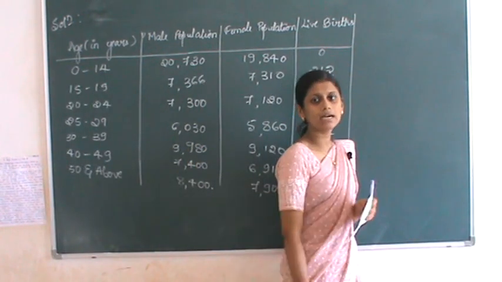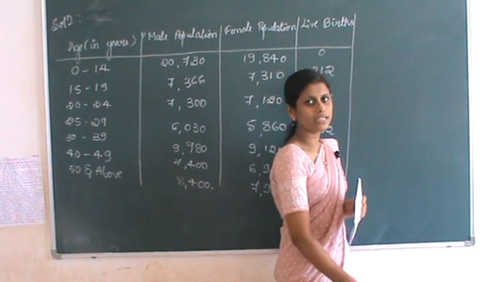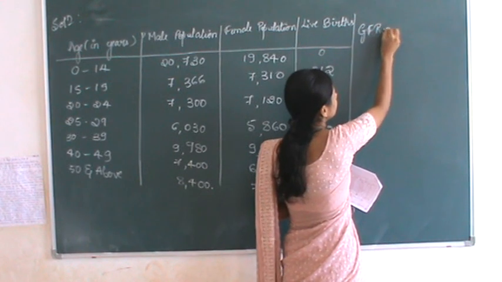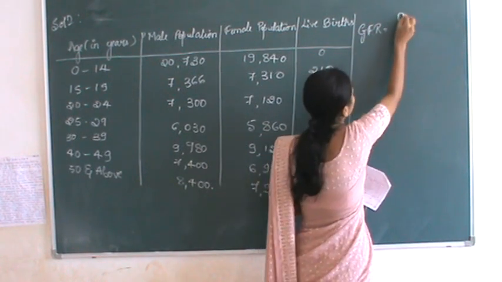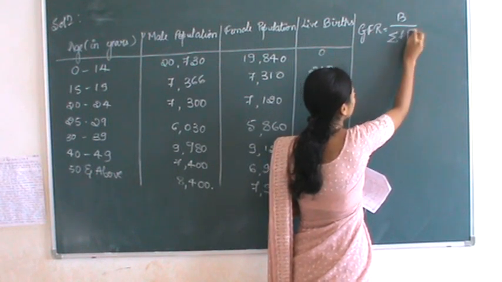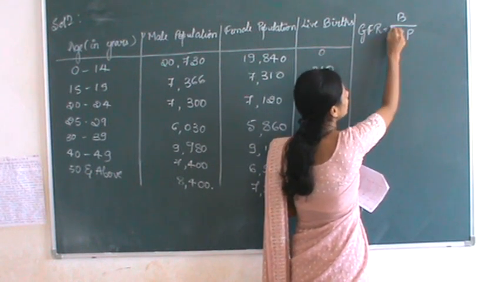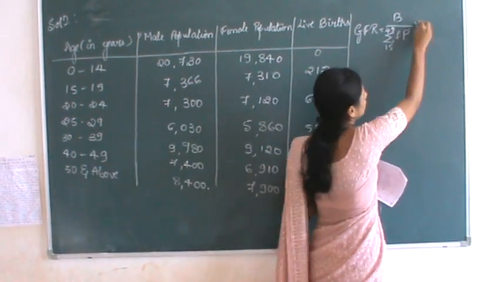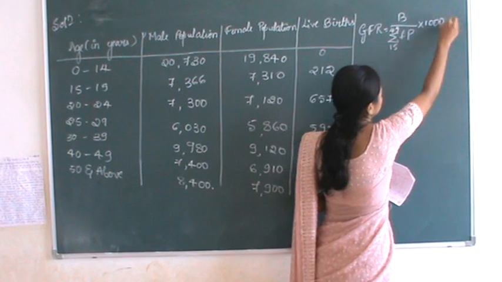First, it is asked to calculate general fertility rate. General fertility rate is equal to B divided by summation of female population of child-bearing age, that is 15 to 49, into 1000.